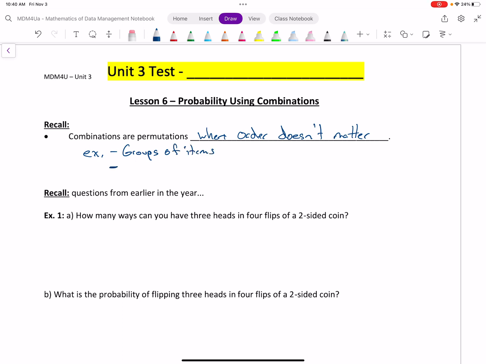For example, if I just wanted a group of 4 people, I don't care who's first or fourth. Whereas if I said I wanted 4 people and I've got specific positions for them, let's say a first place winner, a second place winner, and so on, then the order does matter. So with things like hands of cards, the order doesn't matter. It doesn't matter if I get something first, second, third, and so on.